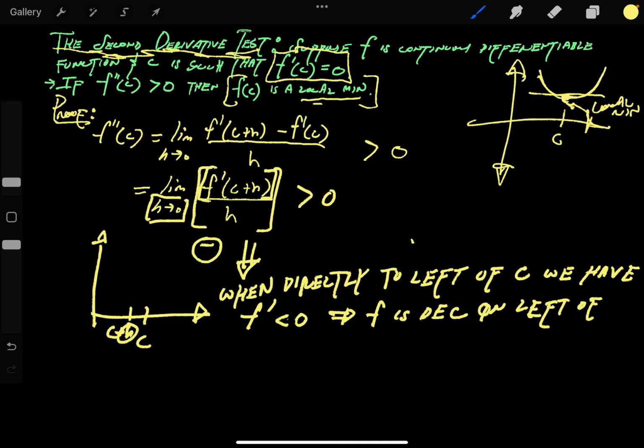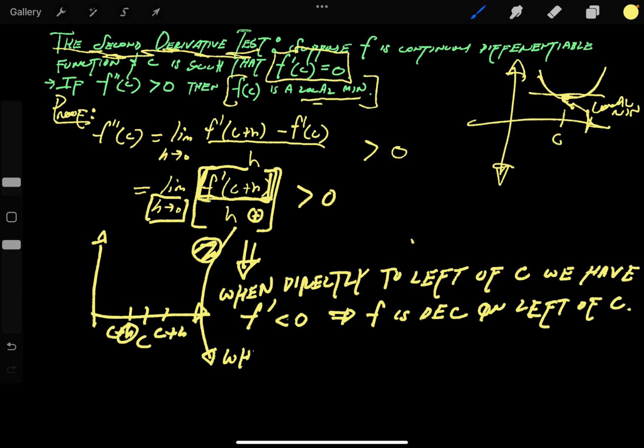And by similar logic, imagine h being positive. Then we have values over here, and that forces this value to be positive.